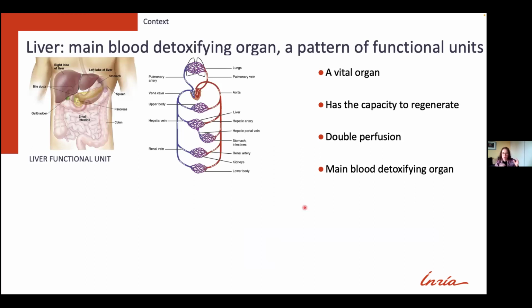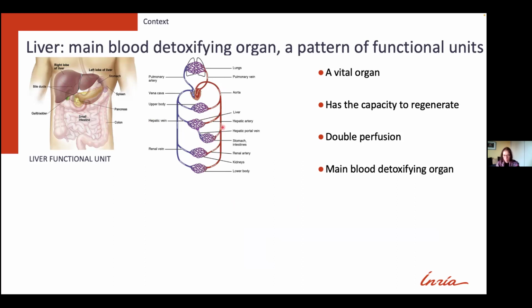Okay, so I will use some of these methods in the context of the liver, which is the subject of today. The liver is the main blood detoxifying organ. It's a very important organ right below the heart, in fact, that receives blood from the digestive system, and therefore it has a double perfusion.